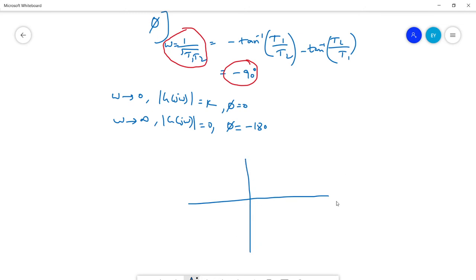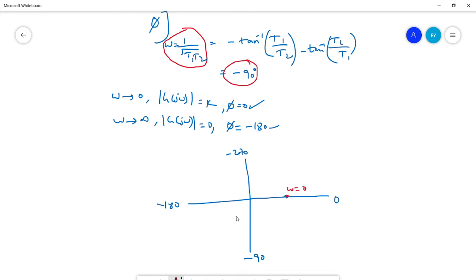See, here it is 0, minus 90, minus 180, minus 270, right? At omega equal to 0, what you have is this. At omega equal to infinity, what you have is this one. That means it is starting somewhere here at omega equal to 0.